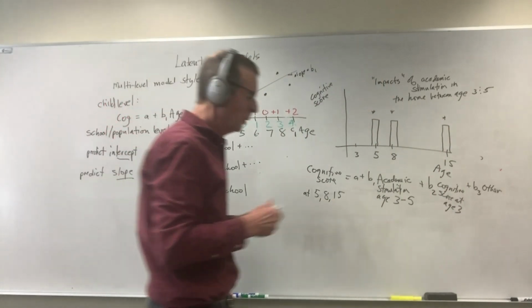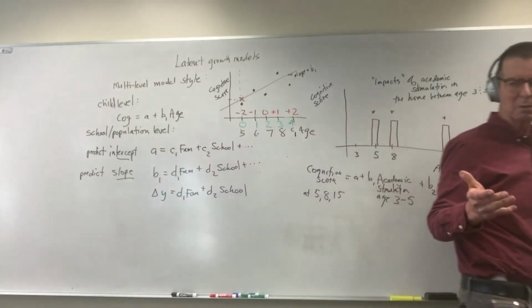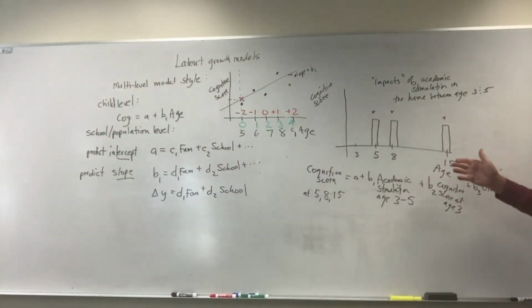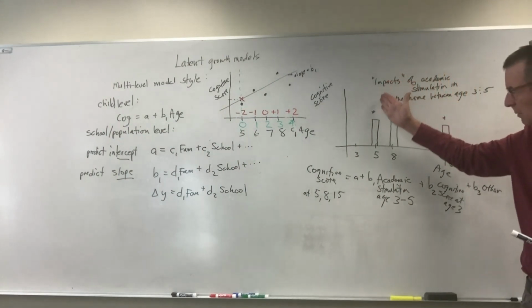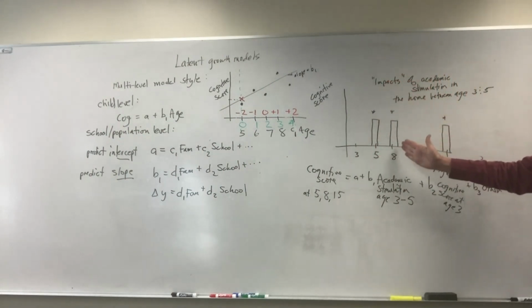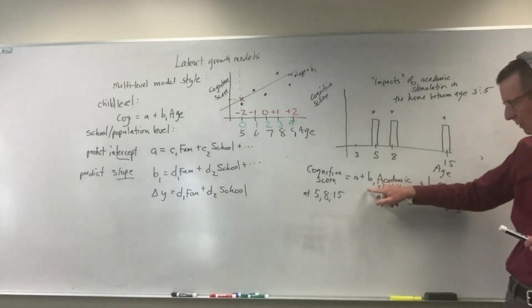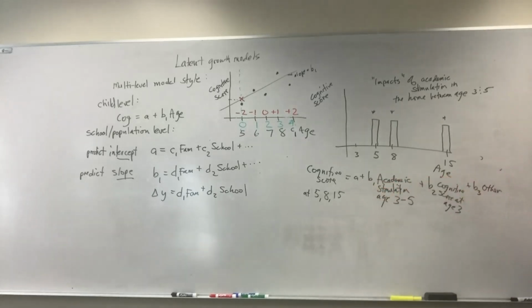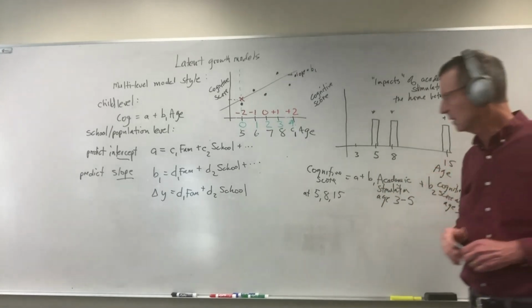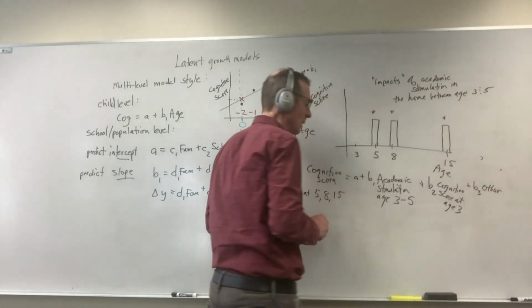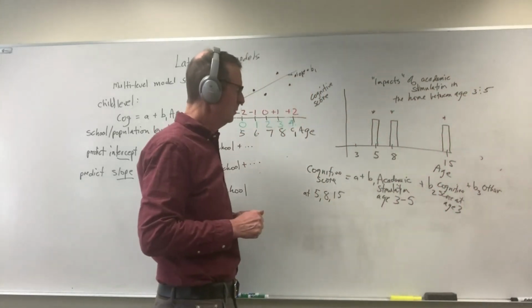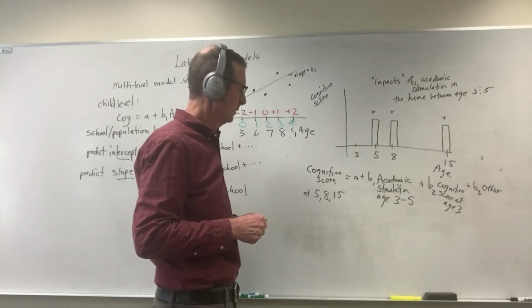And the way she wrote the paper initially was to do exactly this kind of presentation. There was a regression result for age 5, a regression result for age 8, a regression result for age 15. And she showed that on every single occasion, the coefficient on academic stimulation between ages 3 and 5 was statistically significant and substantively substantial.